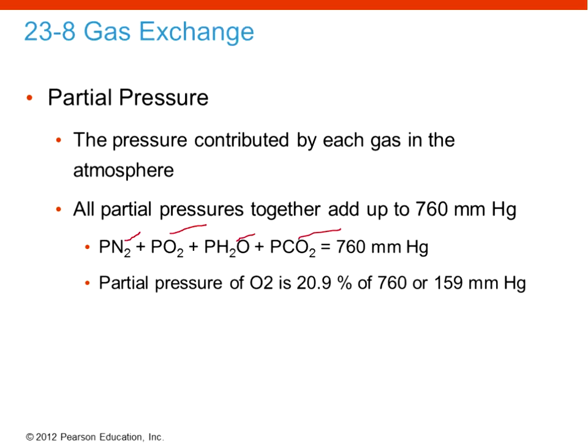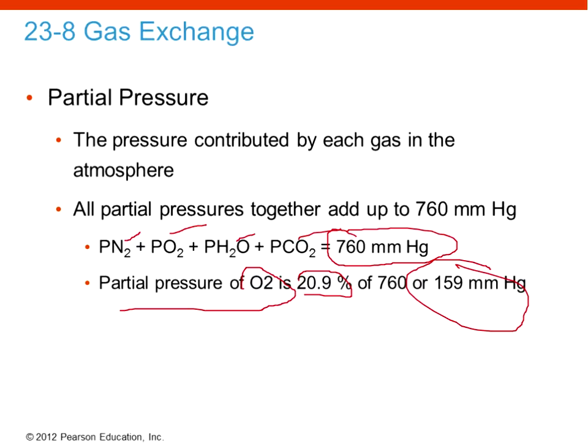And so partial pressure is the pressure contributed by each gas, right? So if you have the pressure of nitrogen, oxygen, water, CO2, all those components added up is going to give you 760, right? So the partial pressure of oxygen, we said it was 20.9%. So you just take 20.9% of that 760, which gives you 159. So the pressure of oxygen is about 159 of that total pressure of our atmosphere, which is 760.